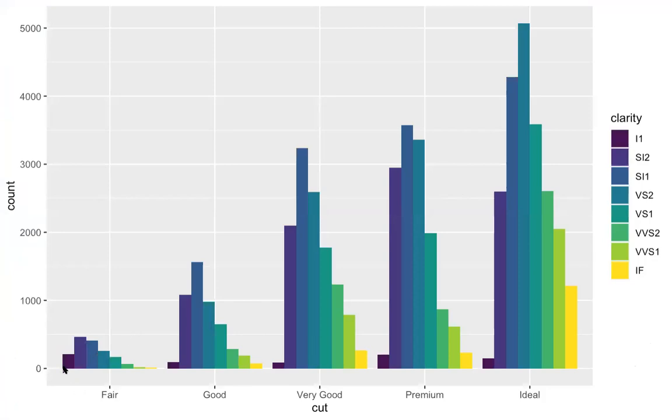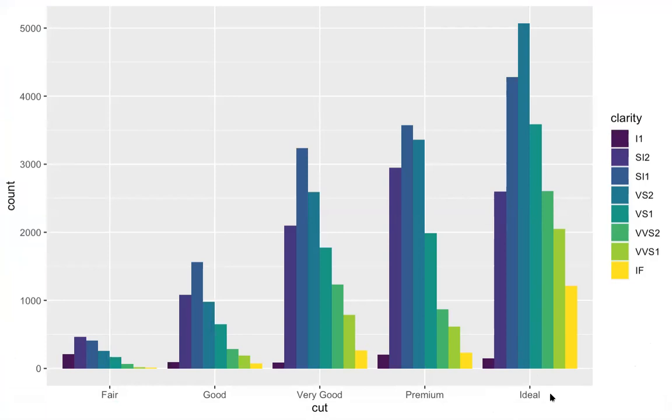actually have a bar plot for each quality of cut. We have a bar plot on clarity for all the observations of fair. We have a bar plot for each type of clarity for ideal cut.